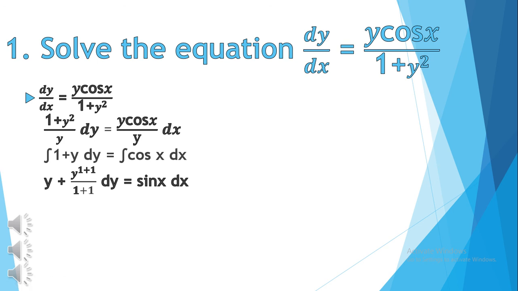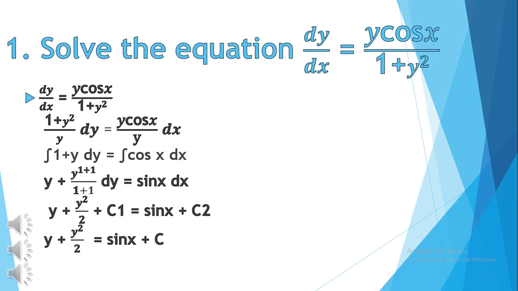So our answer is y plus y to the power 1 plus 1 over 1 plus 1 dy equals sin x dx. Add the exponent and denominator: y plus y squared over 2 plus c1 equals sin x plus c2. It means our final answer will be y plus y squared over 2 equals sin x plus c.